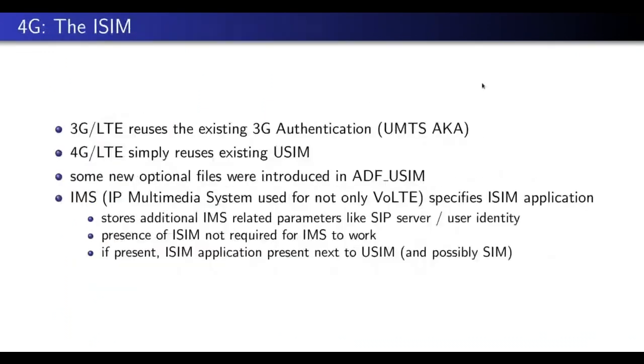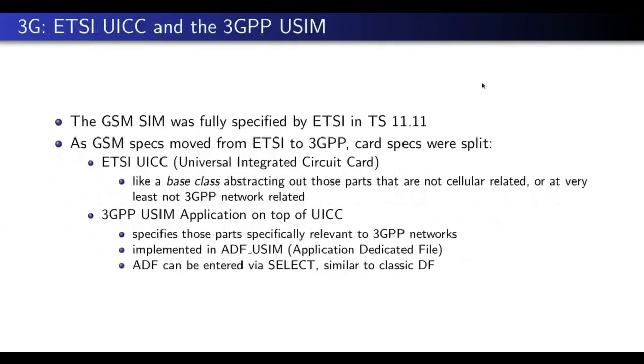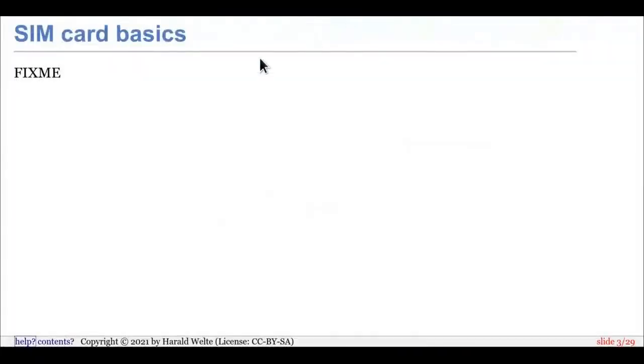In addition, we have so-called applications on cards. An application can be code, but also file system. One of the applications that we work a lot with is the USIM application, which is used for 3G, 4G, 5G authentication on the card. And with that, I think we can go back to the actual slide set of today.